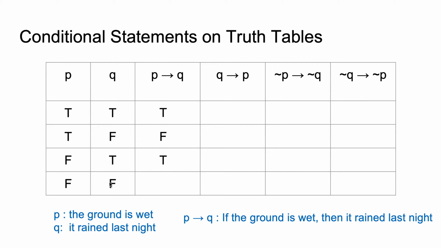And this last statement, the ground was not wet, it did not rain last night, but this statement remains true, because there's no evidence to say that it's not true. These last two are a bit hard to get your head around, because you have to see that there's not enough evidence to say they're not true, so we have to accept them to be true.